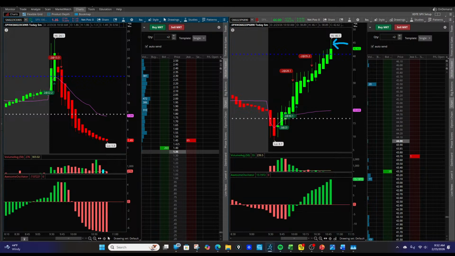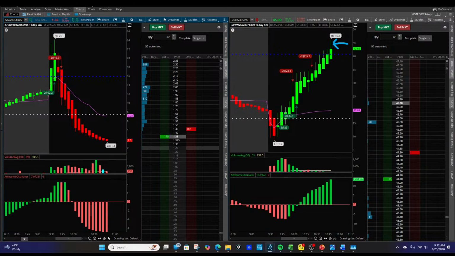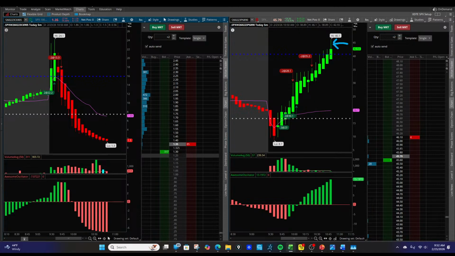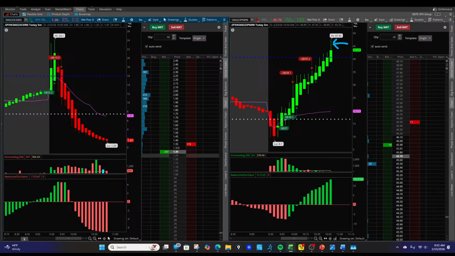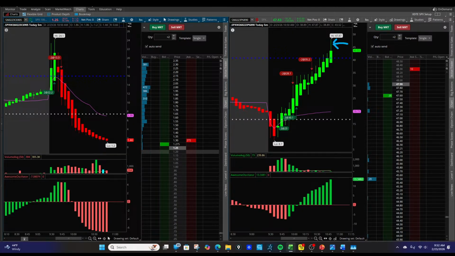Okay, I'm going to say, what if I bought it at 44? Look at that. Being 44, I can only get one contract at that, because I don't go higher than $5,000 on one particular stock.